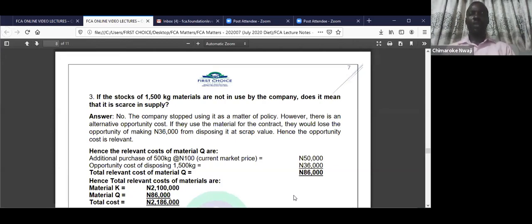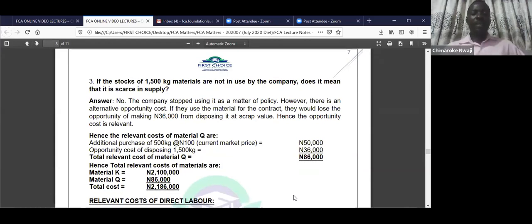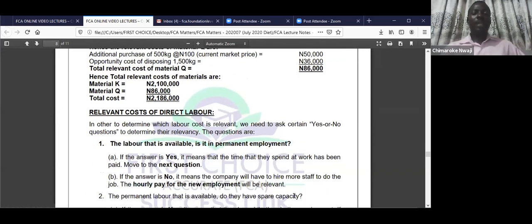After this constancy, you think about the scarcity. So the scarcity will now bring the need for opportunity cost or for disposal. Now that we've seen material, let's look at labor.